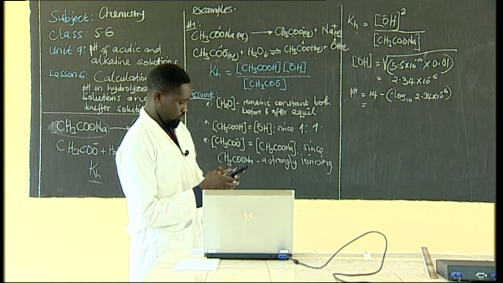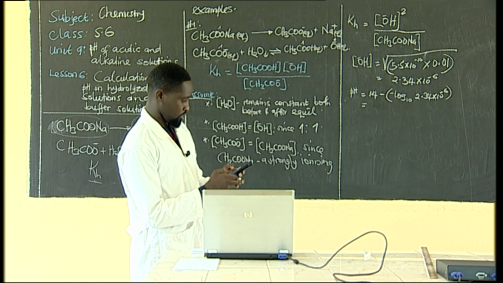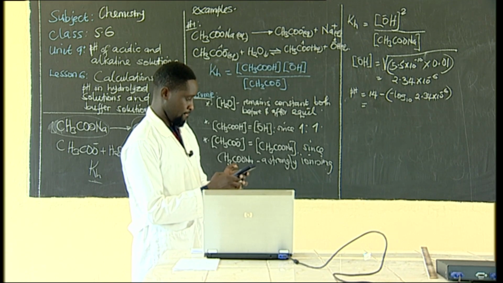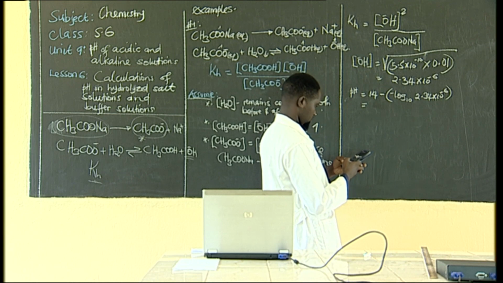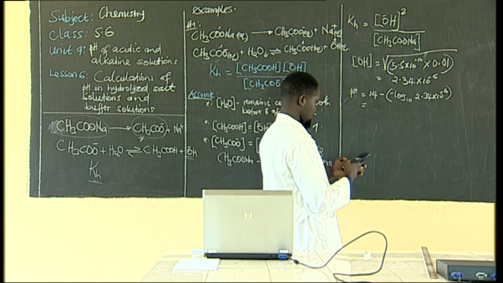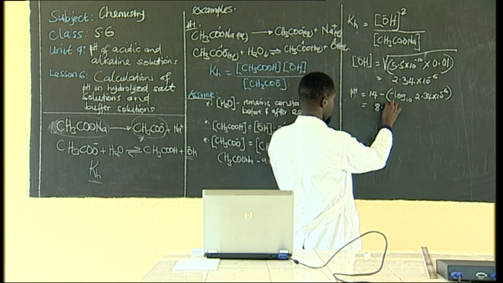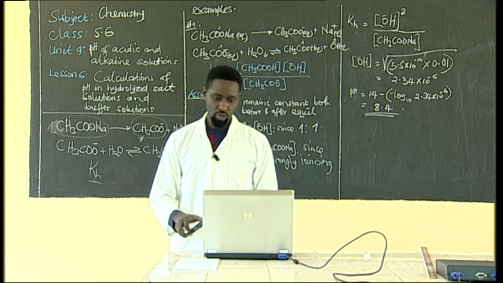Times 0.01. Negative log of the answer. So 14 minus the answer, you'll get 8.4. So that is the pH of sodium ethanoate.